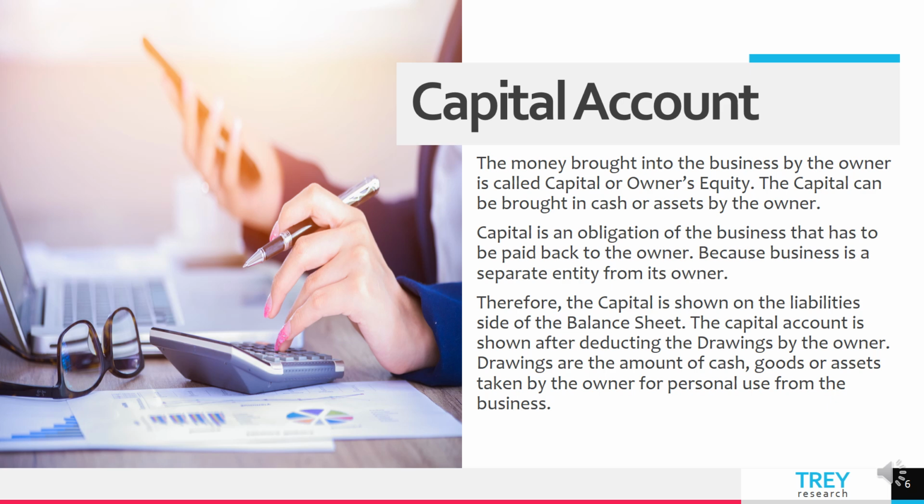A company is an artificial human being according to law. So it is an obligation of the business. Now, since capital is a liability, the rule for capital account and liabilities account both are same. So it's very easy to remember.